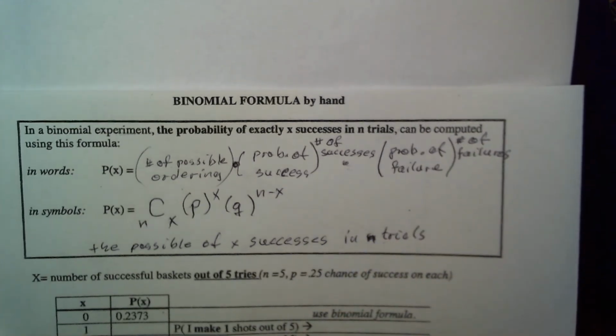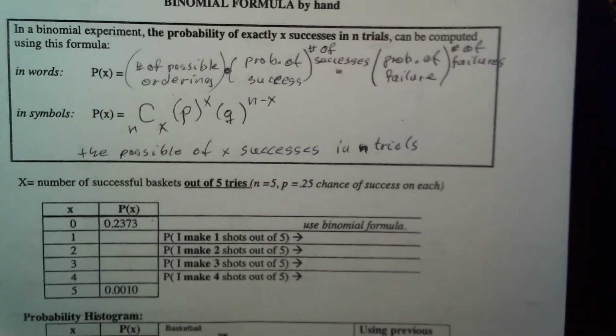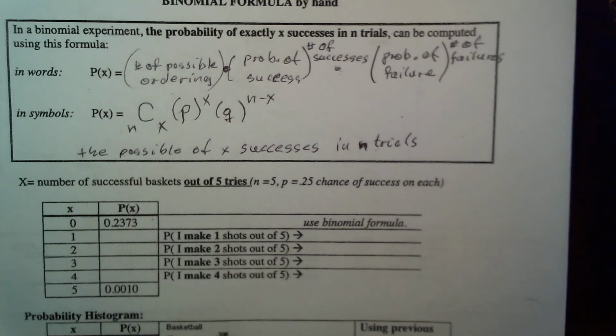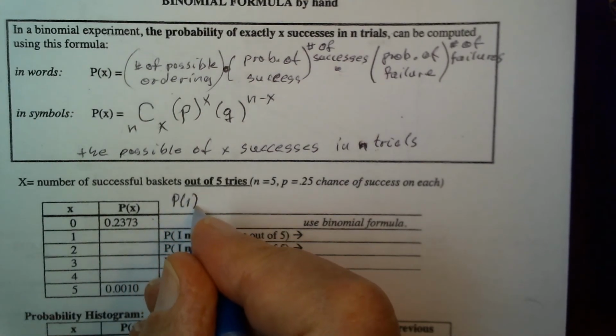Okay, so now let's use this formula to compute the probability of one success out of 5 shots.